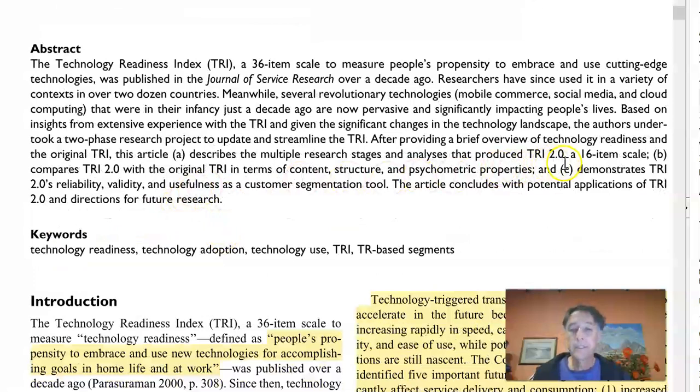So now TRI-2 is a 16-item scale, and in terms of content, structure, and psychometric properties, it compares very well with the original.